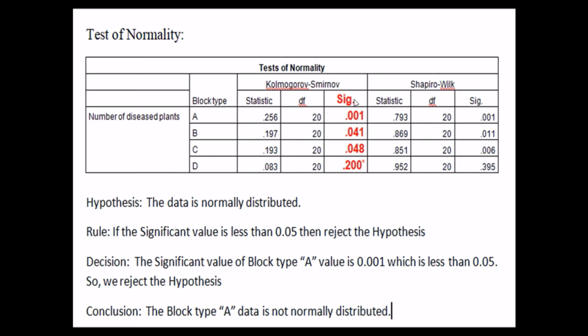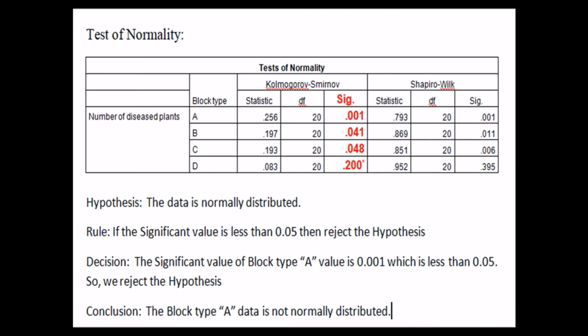The significance value is the one highlighted in red. Decision: the significance value of block type A is 0.001, which is less than 0.05. So I need to reject the null hypothesis. Conclusion: block type A data is not normally distributed.